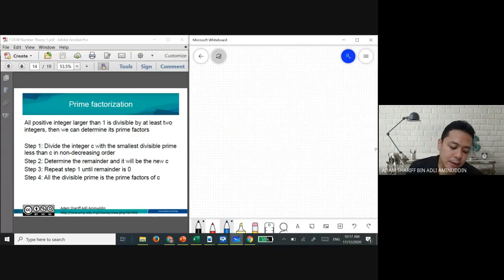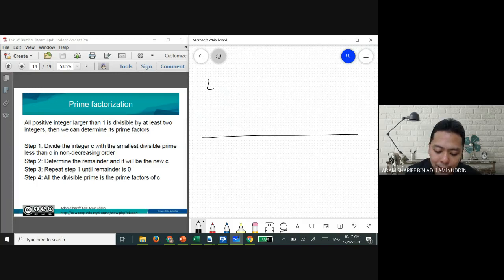Alright. Suppose yang ni saya namakan C, integer C with the smallest divisible prime less than C in non-decreasing order. First of all, I would like to list the primes, where it is beneficial if you can remember the small primes.